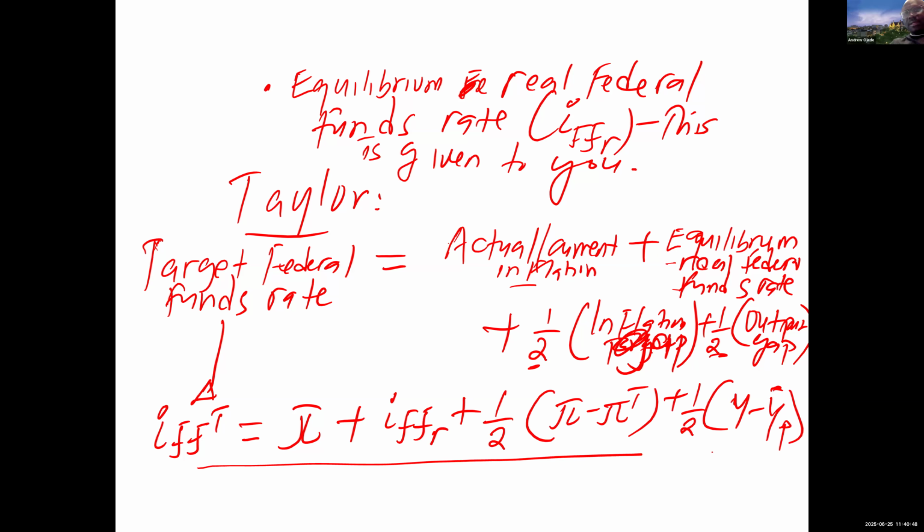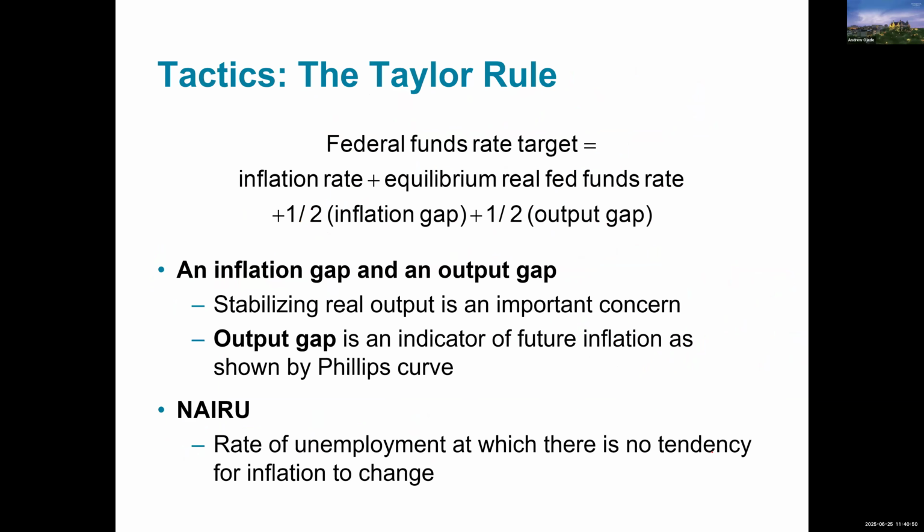This is the Taylor rule formula. Federal funds rate target must equal the actual inflation rate plus the equilibrium real federal funds rate plus 1/2 times the inflation gap plus 1/2 times the output gap.